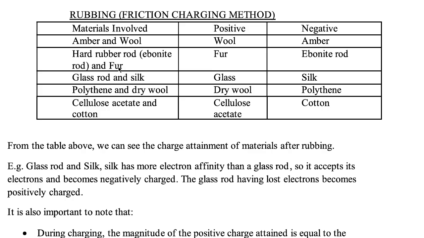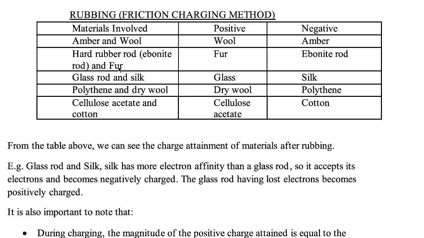The silk is going to be negative because it has higher electron affinity. So when a glass rod and silk are rubbed together, what happens? Electrons are transferred from the glass to the silk because the silk has greater electron affinity, a higher tendency to accept.